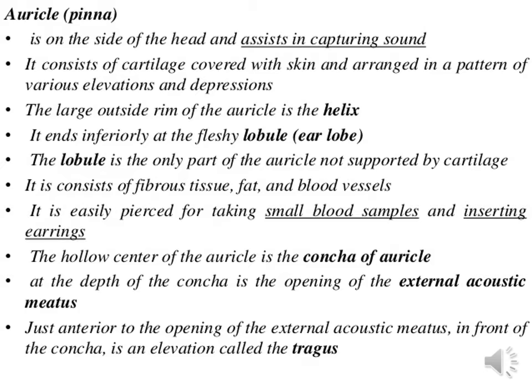The lobe is the only part of the auricle not supported by cartilage. It consists of fibrous tissue, fat, and blood vessels. It is easily pierced for taking a small blood sample and inserting a ring in the ear lobe.